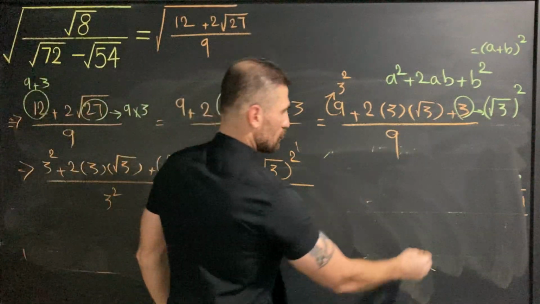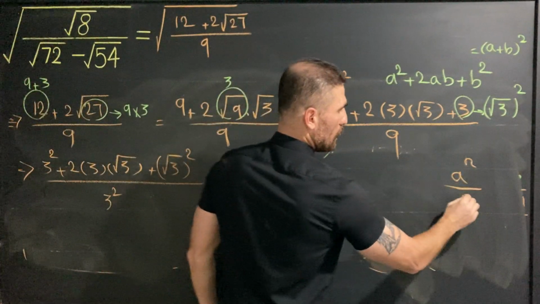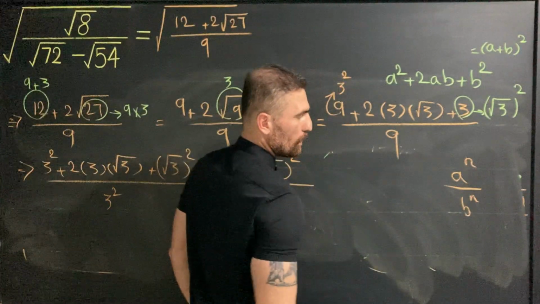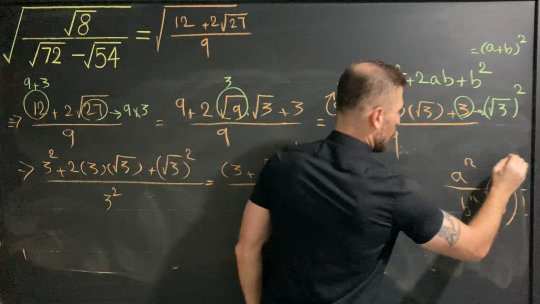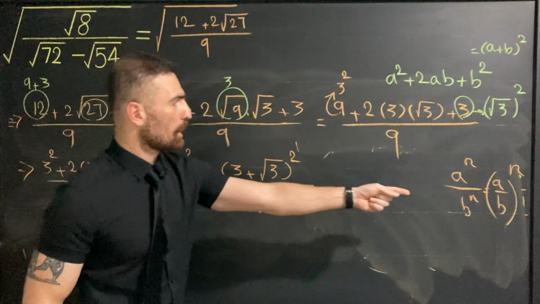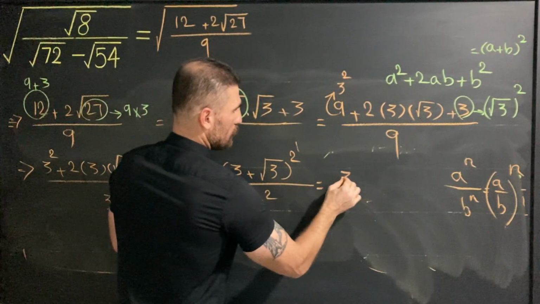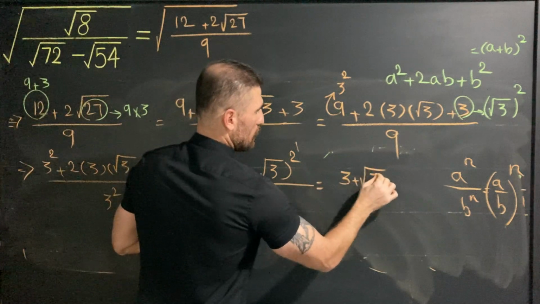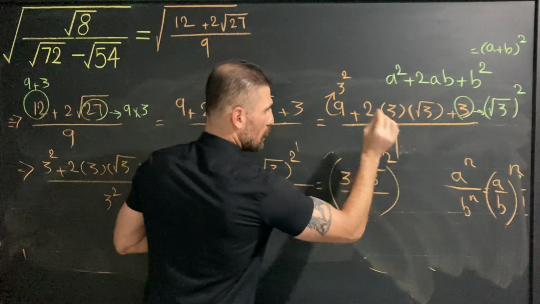All you know, a to the power of n over b to the power of n can be written in the form of a over b raised to the power of n. So I use this exponential rule and write it in the form of 3 plus second root of 3 over 3 raised to the power of 2.